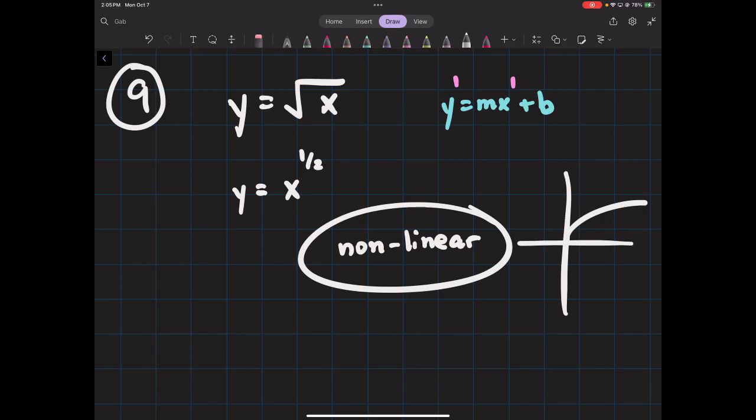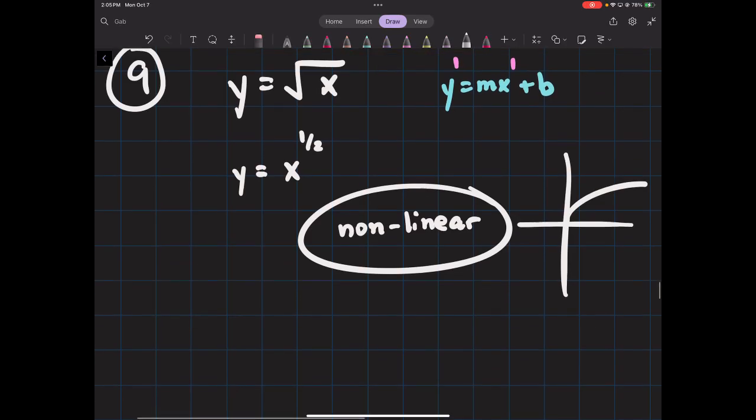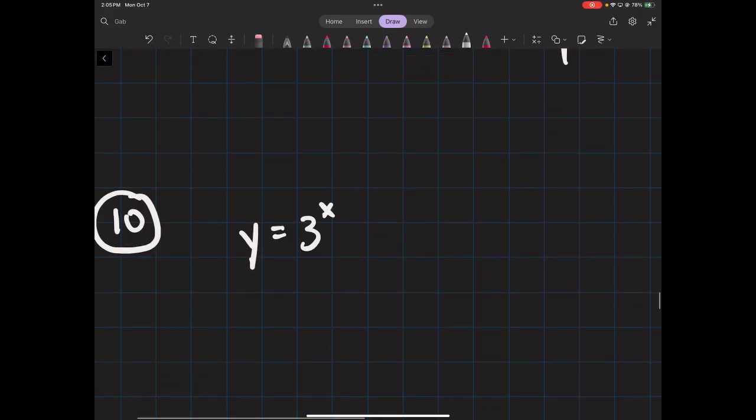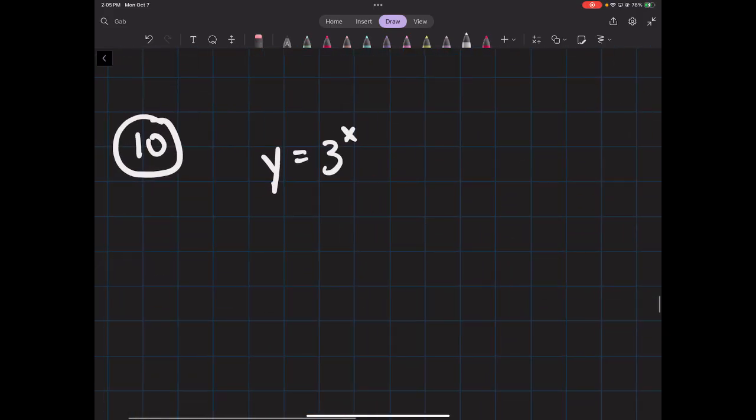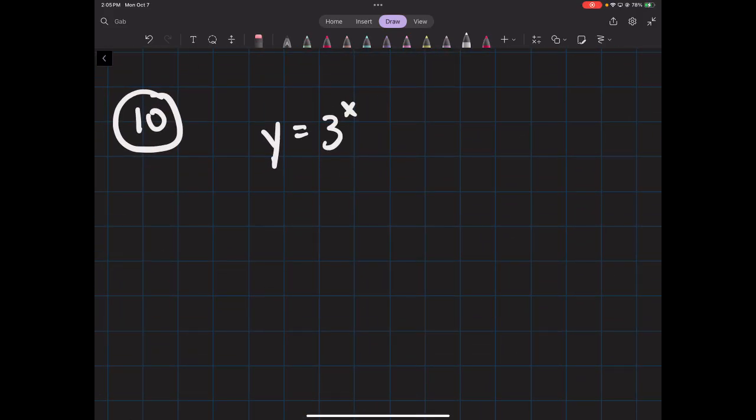I gotta go a little fast, okay? Where's the x here? It has an exponent of 3. Is this weird? Yes. So is it linear?